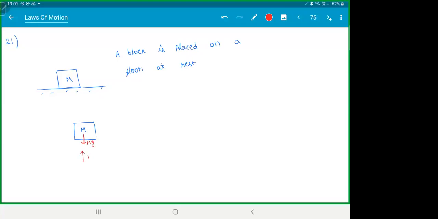Second is your normal reaction. This will be mostly a statement question. The simple question is: are mg and N an action reaction pair? I'll just call it action reaction pair. It will be easy for you to understand, but remember it is actually a wrong thing to say.